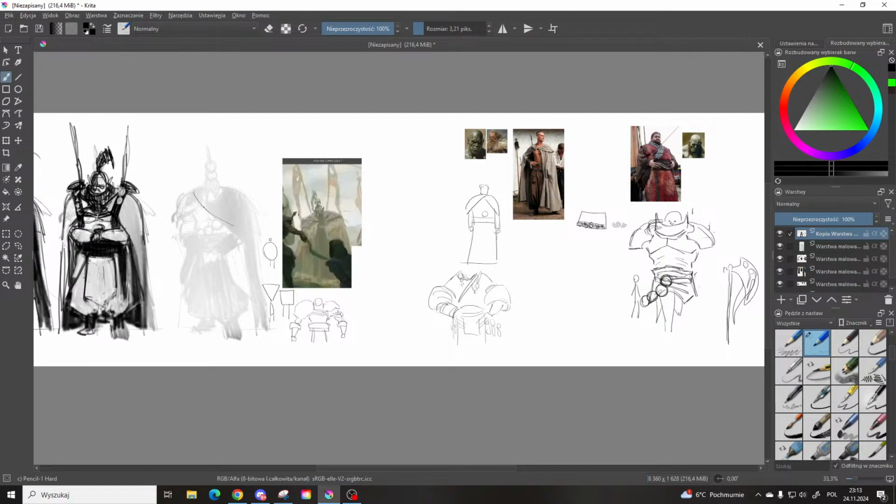So one part of his cape overlapping other one. And something in the middle here. And the belt. And he would have long sleeves, not actual armor, but long sleeves.